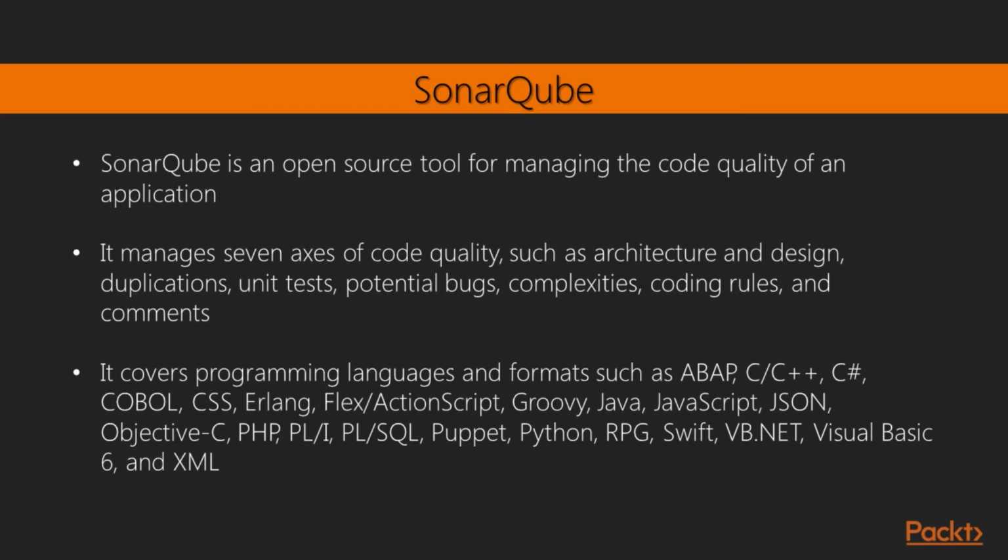It covers programming languages and formats such as ABAP, C and C++, C#, COBOL, CSS, Erlang, Flex and ActionScript, Groovy, Java, JavaScript, JSON, Objective-C, PHP, PL/I, PL/SQL, Puppet, Python, RPG, Swift, VB.NET, Visual Basic 6, and XML. One of the most striking features is its extensibility. It is easy to cover new languages and add rule engines using an extension mechanism in the form of plugins.